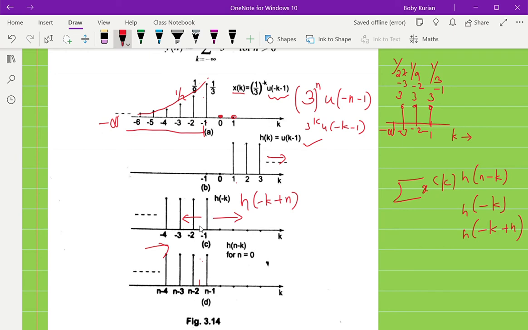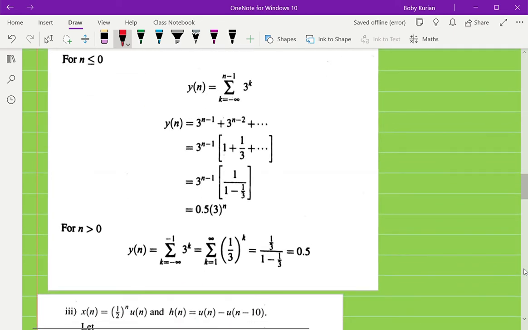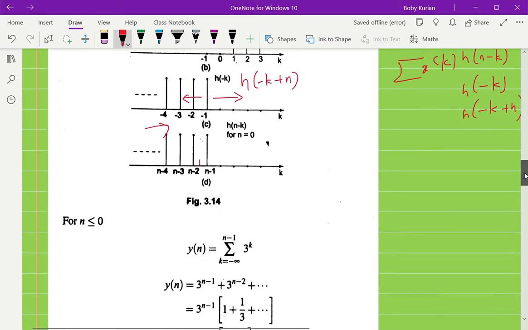This signal as well, minus infinity to minus 1. So that is in the case of n equal to 0. And for other values of n, we can see what will happen when the value of n changes.